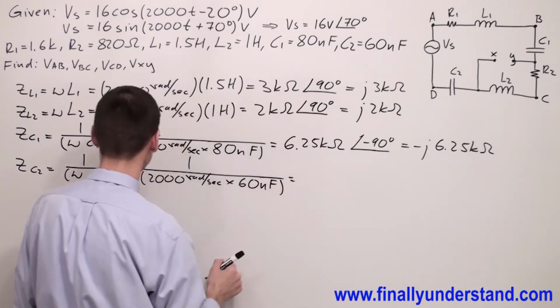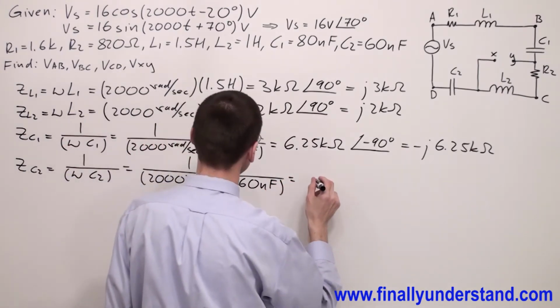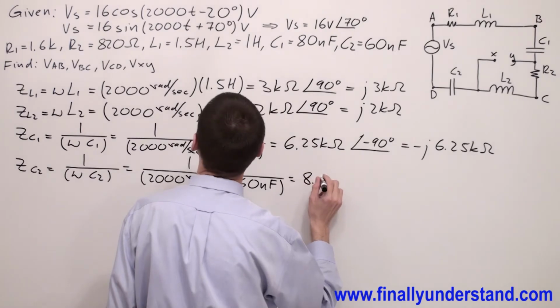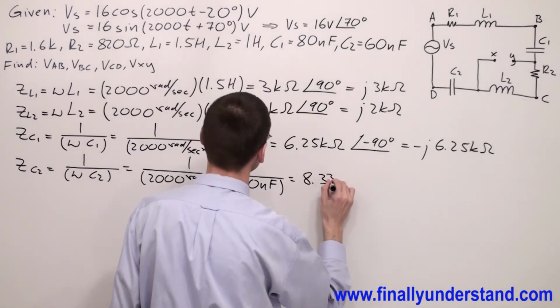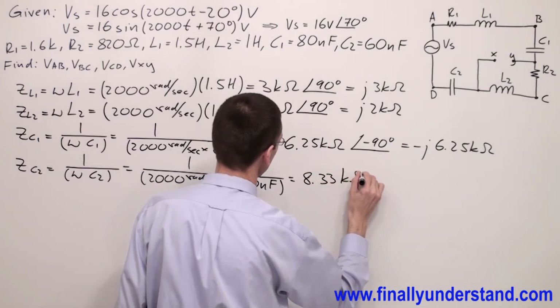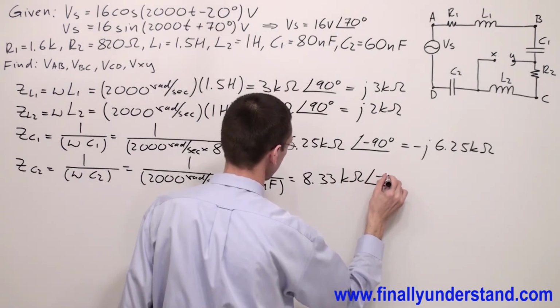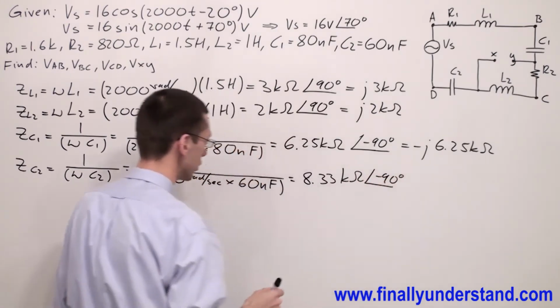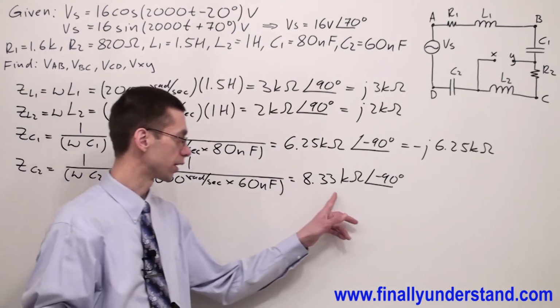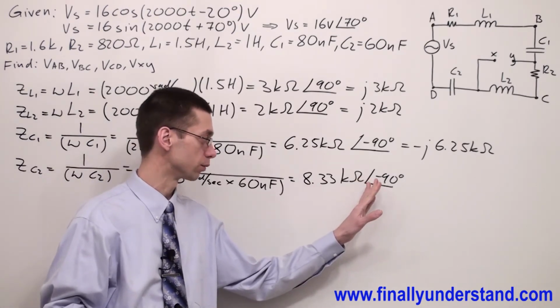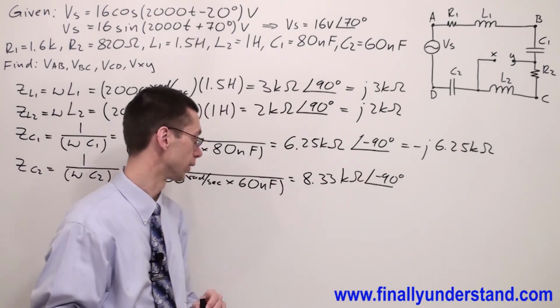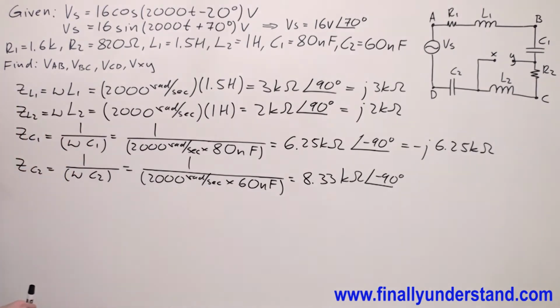This is equal, of course you're supposed to use the calculator, 8.33 kilo ohms, and angle, of course, negative 90 degrees, because the impedance of the capacitor goes always with angle of negative 90 degrees.